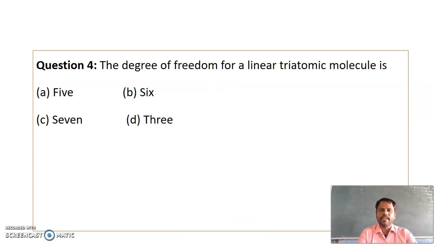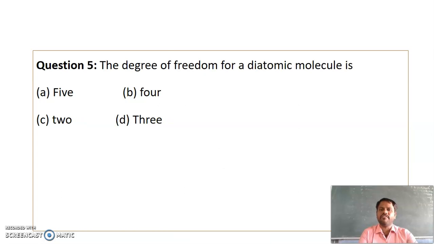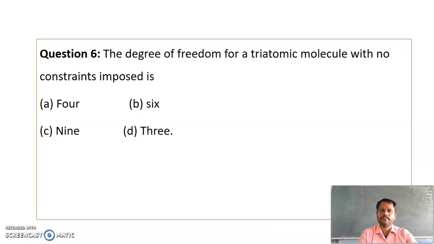Question number 4. The degree of freedom for a linear triatomic molecule is 7. Question 5. The degree of freedom for a diatomic molecule is 5.